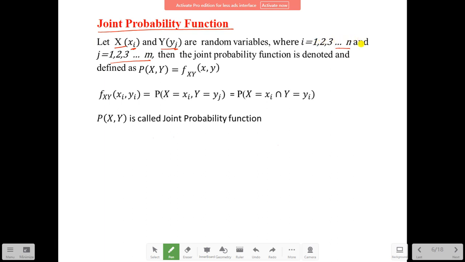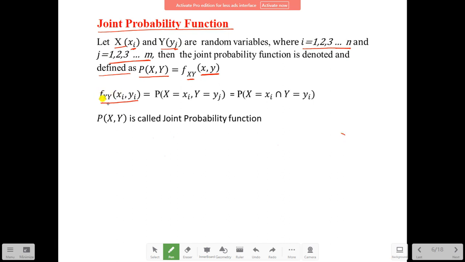Then the joint probability function is denoted and defined as p(x,y) equal to f_XY(x_i, y_j). Here X is the n-dimensional random variable and Y is the m-dimensional one, that is i is equal to 1 to n and j is equal to 1 to m.